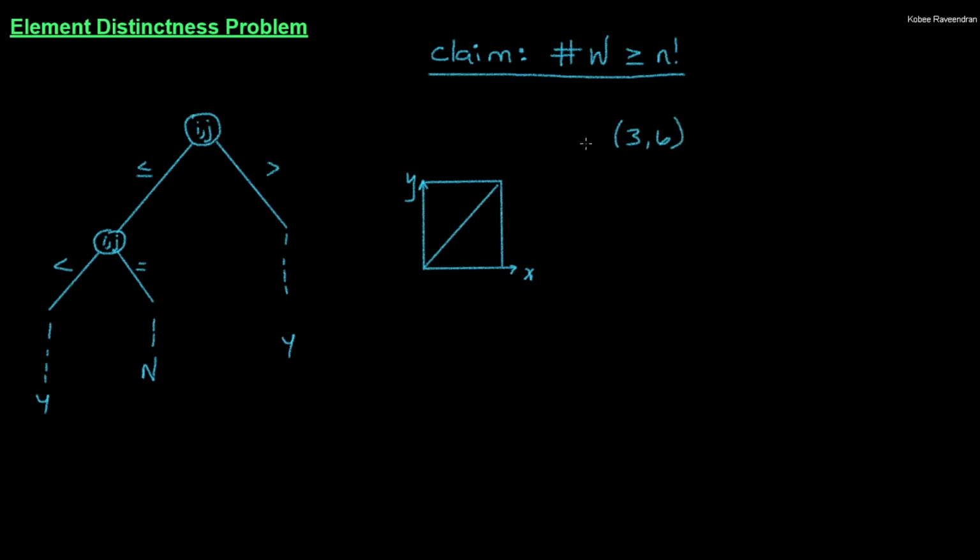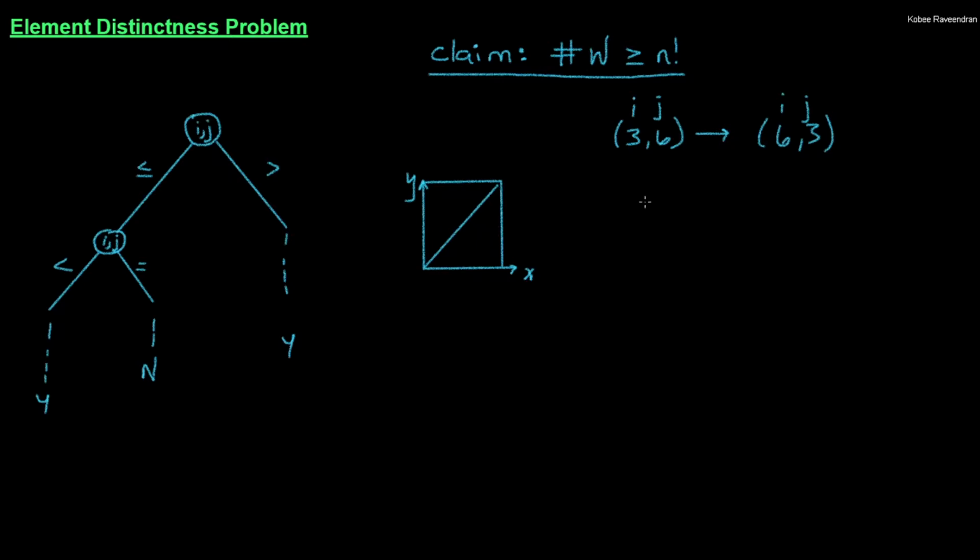As we discussed earlier, since the jth component is larger than the ith component, that would essentially mean it's higher on the y-axis than the x. So this point would fall into this region over here, into this connected component. Whereas if the opposite were true, if say we permuted this to become 6, 3, now this is the ith and this is the jth, so this point should fall over here in this bottom component.